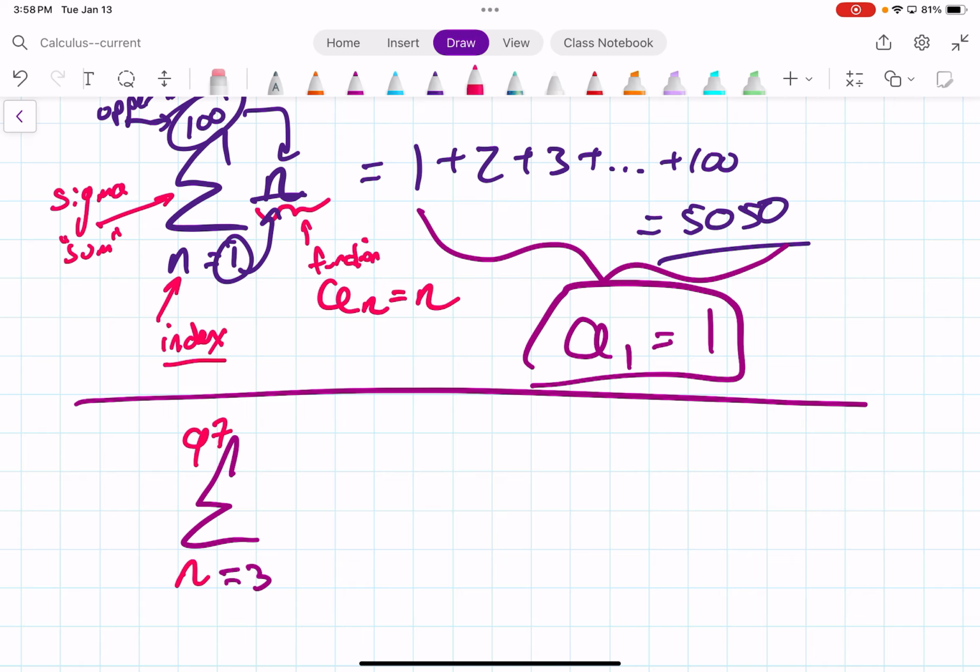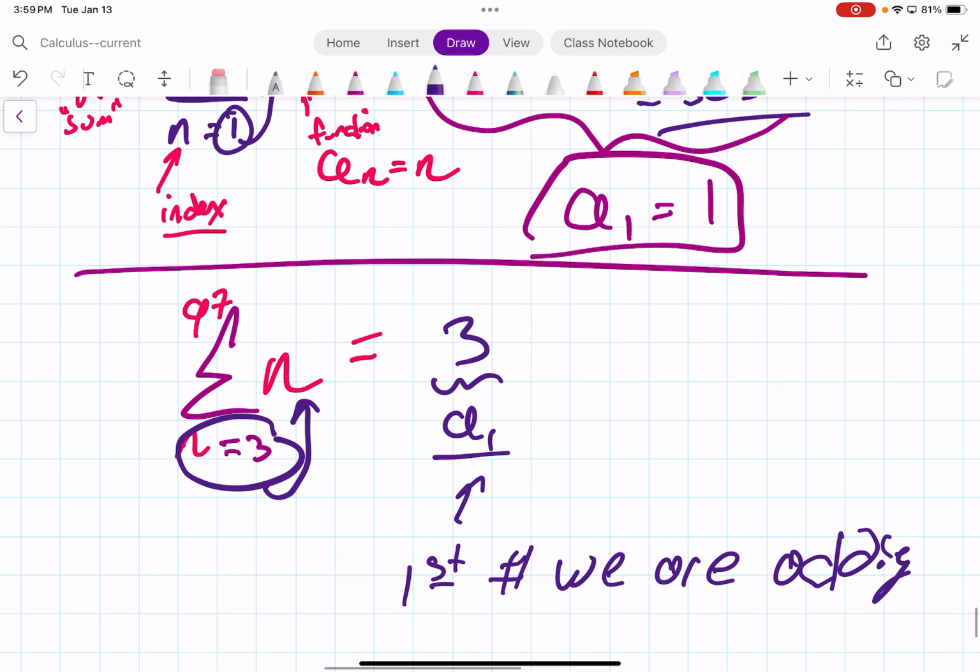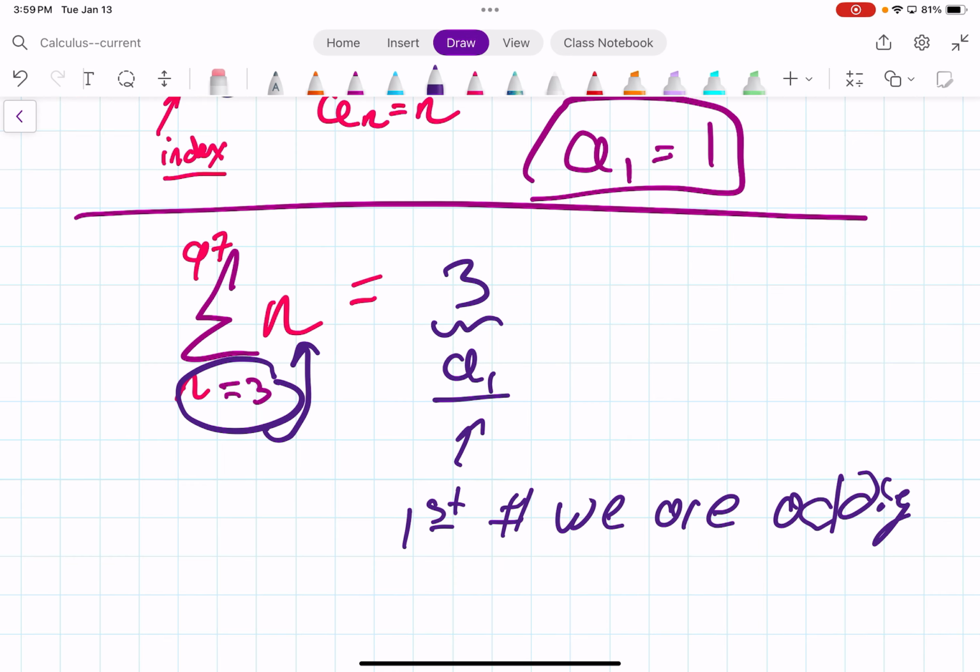It's not the number obtained by substituting in 1. Okay? So a sub 1 is the first number we are adding, not necessarily when the index equals 1.